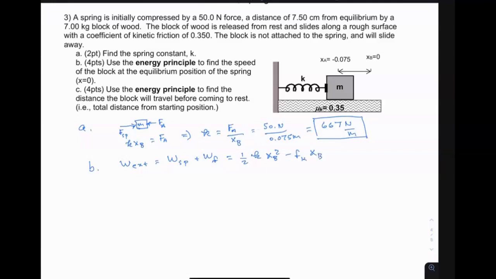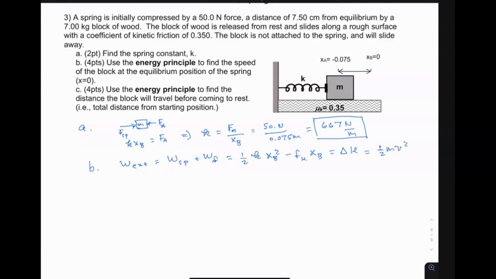And that's going to cause a change in the kinetic energy, delta K, which is equal to 1/2 mv squared.